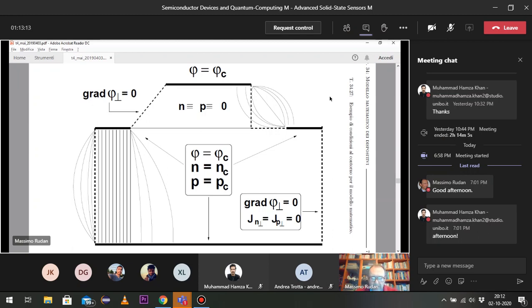You remember when we consider the semiconductor device model, we can group the equations in order to have only 3 second-order equations, second order with respect to space.